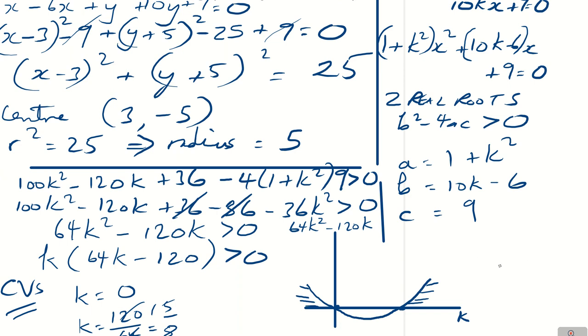In other words, the values of k are k is less than 0 or k is greater than 15 over 8. Naught there, 15 over 8 there.